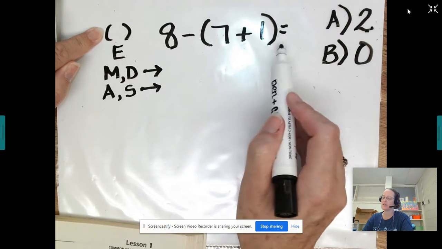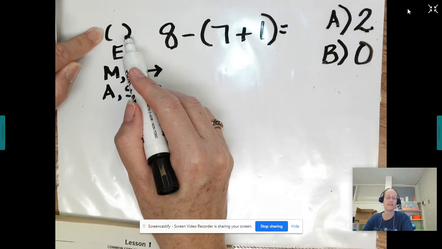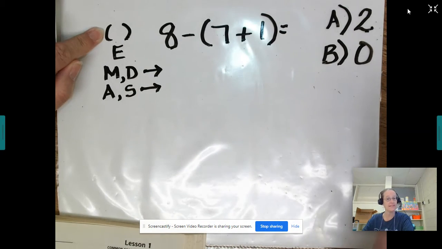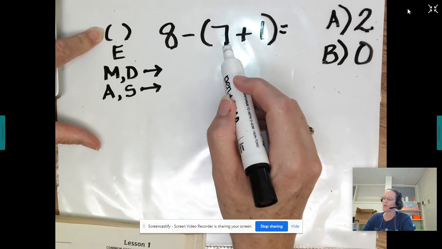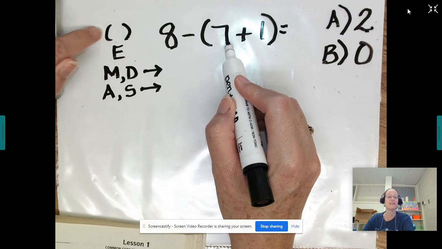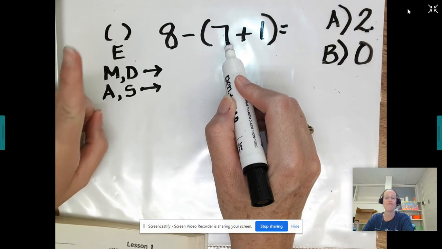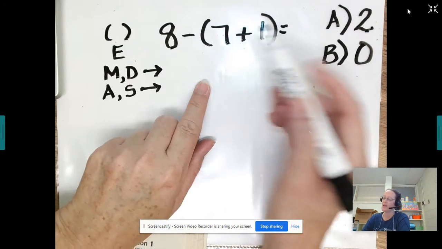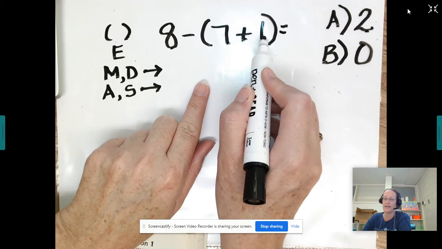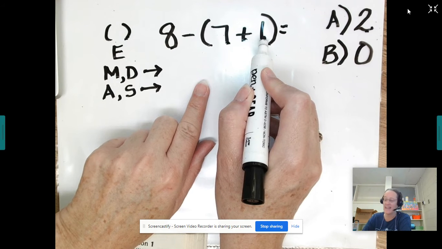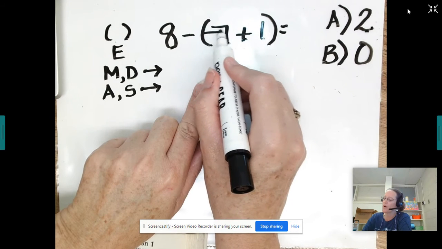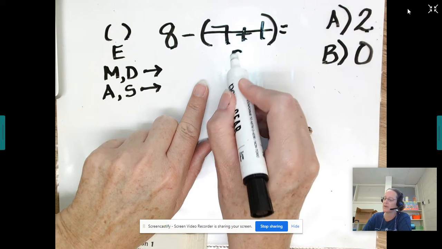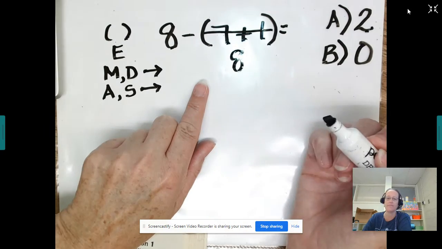Does this expression have any parentheses? Yes, it does. So we have to solve what is in parentheses first. So 7 plus 1 is what? It's 8. So I'm going to cross that out and put an 8 underneath it.